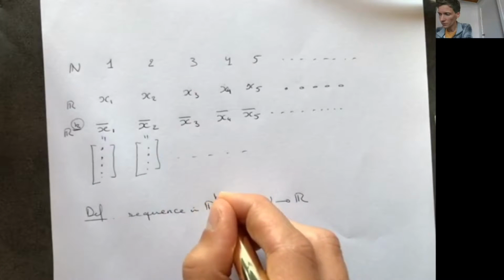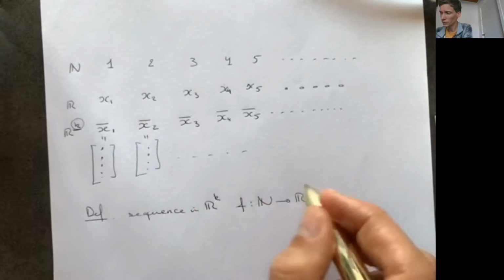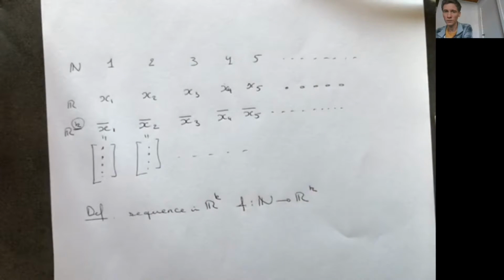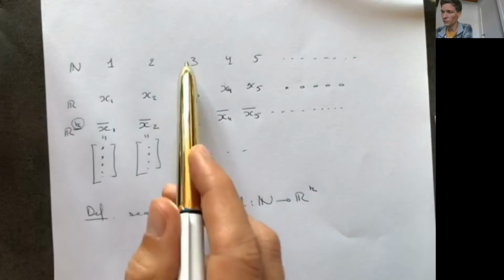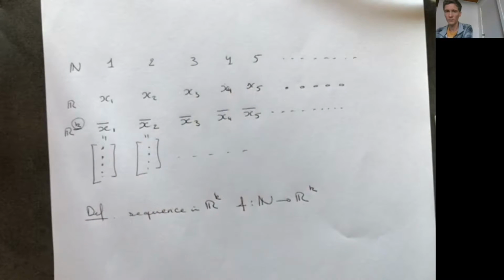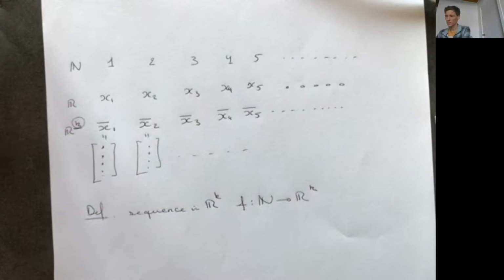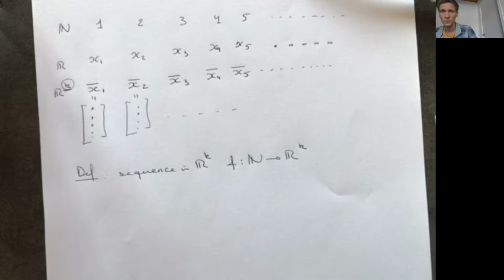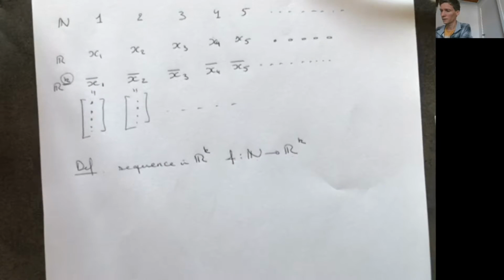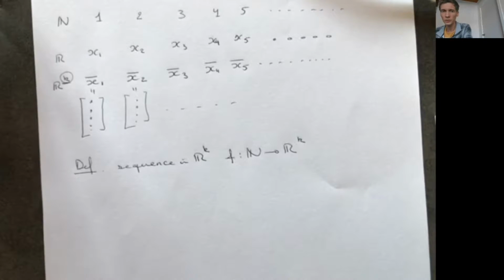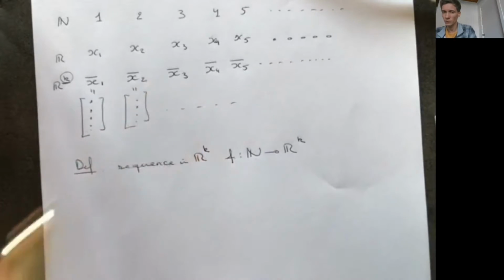Well, now a sequence in R^k is simply a mapping from N to the set of vectors in R^k. Okay, so for every number we associate a vector. Good. So that's nothing very strange. We just generalize the concept. We go from numbers to something of higher dimension, which is just k numbers.